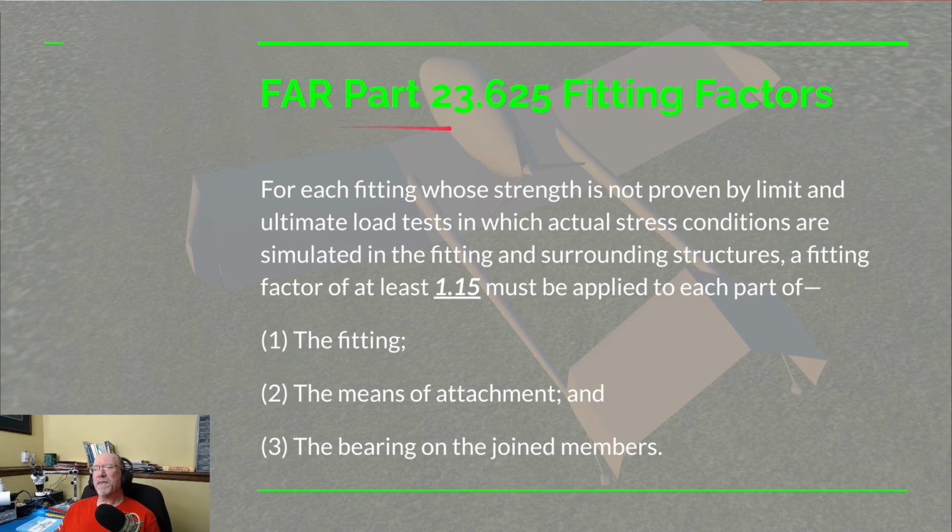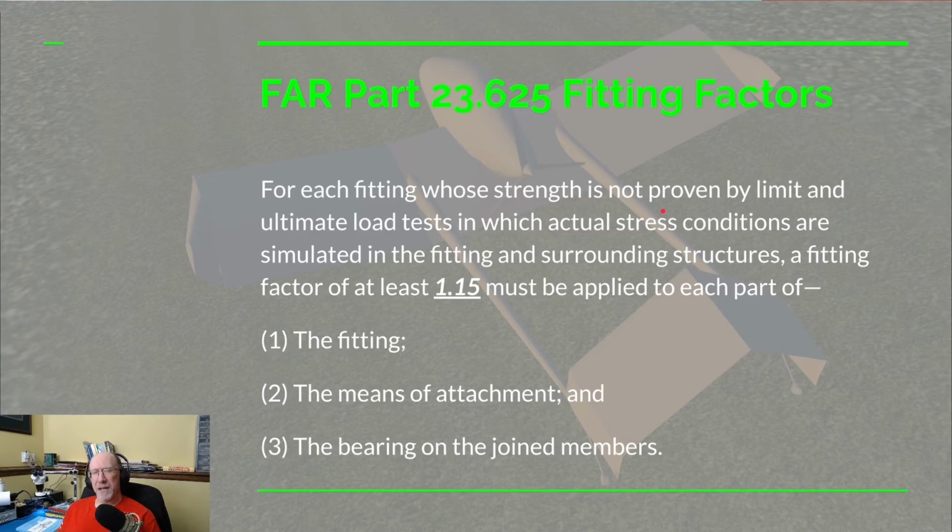But in fittings, FAR Part 23 suggests you add just a little bit more safety factor. And they want you to multiply your results by 1.15, if you're not going to go through and do testing to prove that your design can work with a safety factor of 1.5. Now this particular bolt that we're doing right now is going to be a removable bolt.